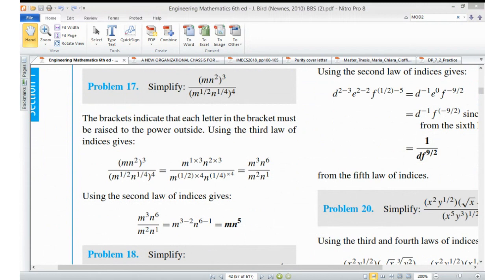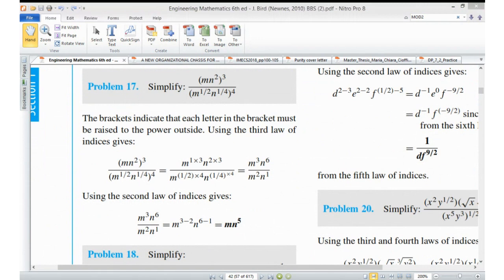There is mn being raised to power 2, and the whole term being raised to power 3 again. On the denominator, we have m raised to power half, n raised to power quarter, and the whole of that term is raised to power 4 once again.